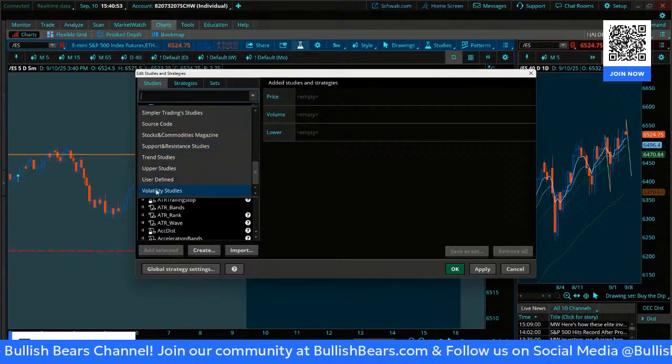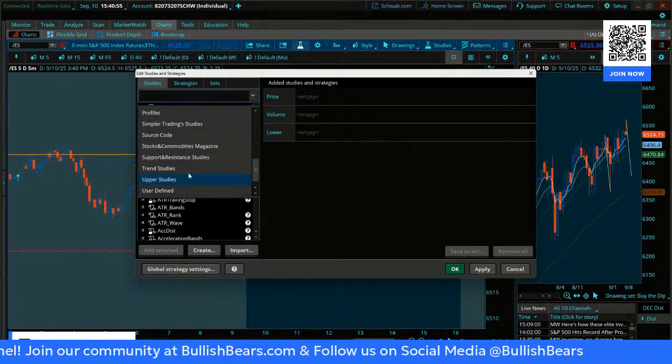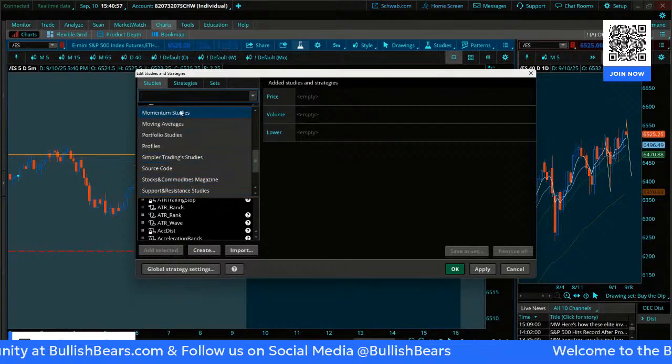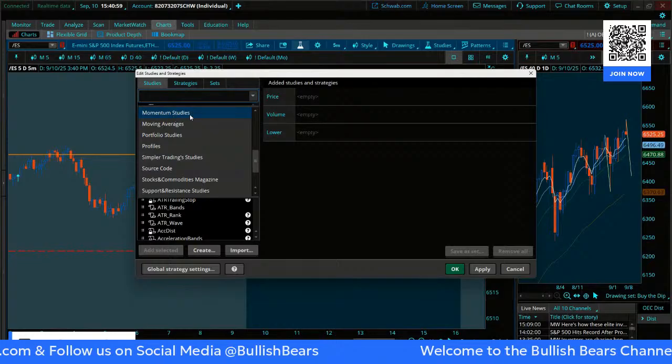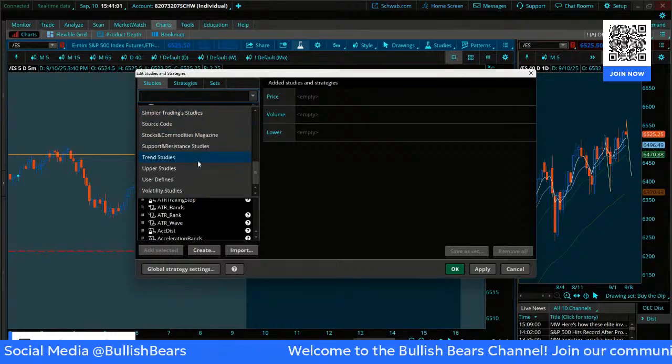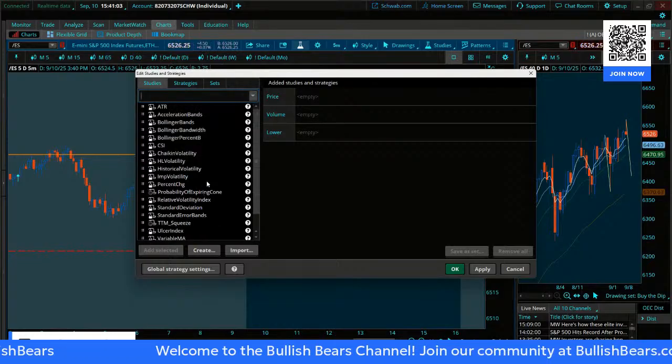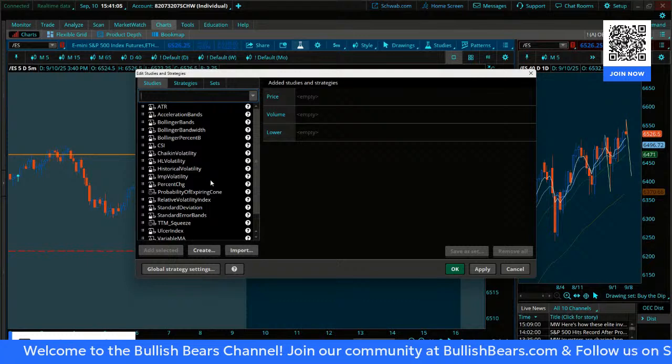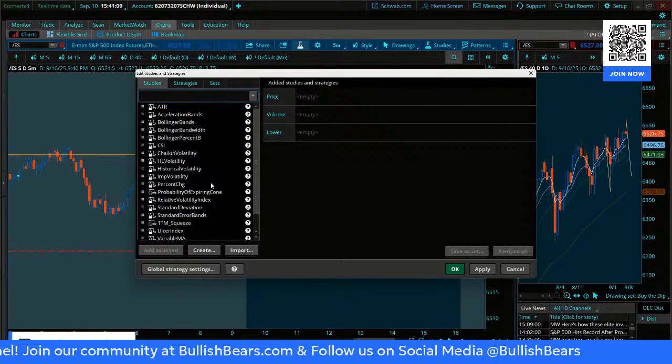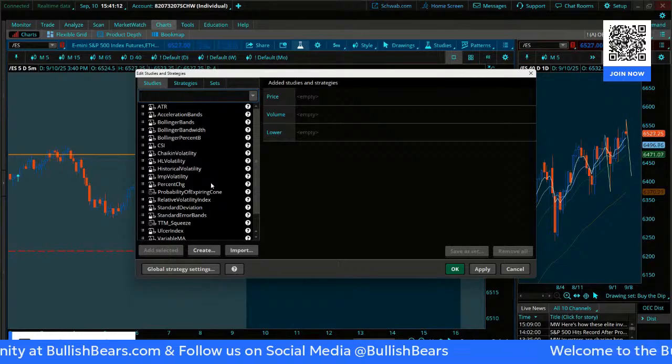So here's volatility studies right there. Or just give me momentum studies. Here's momentum right there. So you can do it that way, and then you can cover every group: trend, momentum, volume, volatility. Try to pick one indicator from each one of those groups.